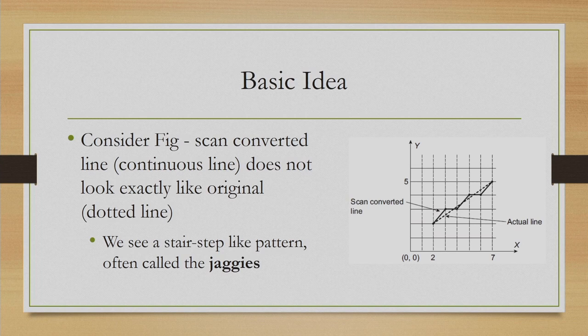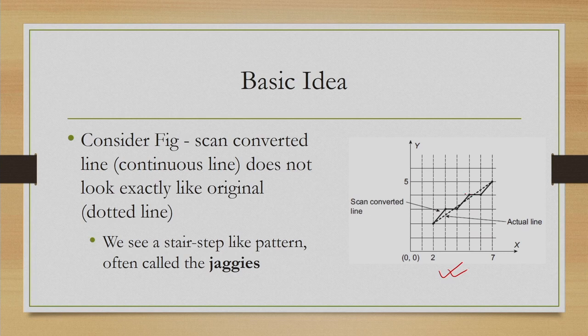Let us start with the basic idea, what is anti-aliasing. Now, consider this figure. Here, as you can see, the dotted line indicates the original line that we wanted to scan convert, and this is the pixel grid shown here, and in this pixel grid we want to scan convert this dotted line. However, as you can see, not all the points on the line pass through the pixels.